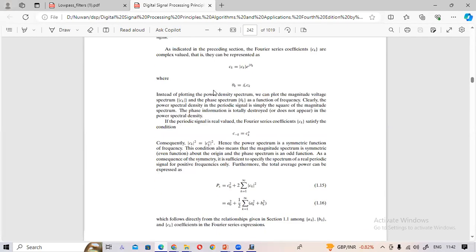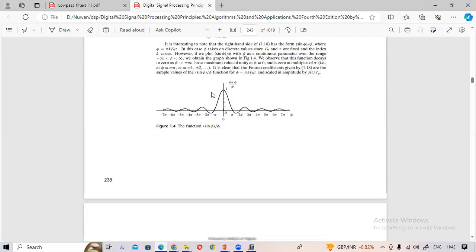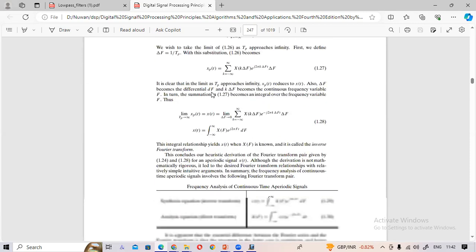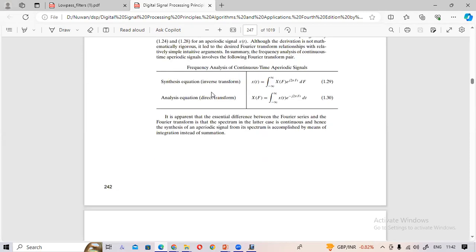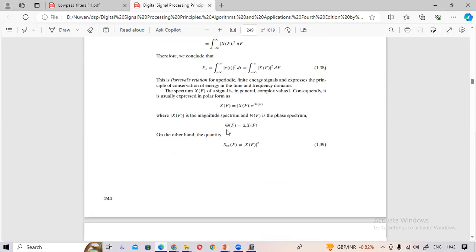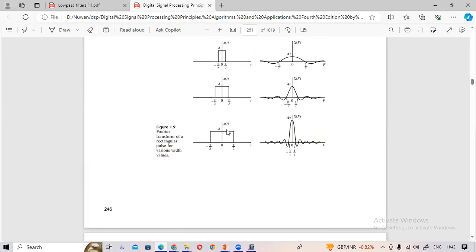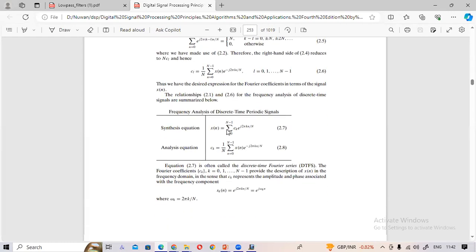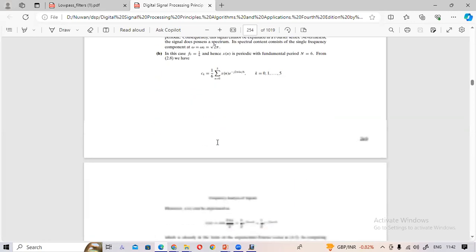We don't need to follow that one because we are mainly dealing with discrete time signals. So this is continuous time again, no need. And this is the discrete time version. So this is the Fourier series representation. You should be familiar with this one.